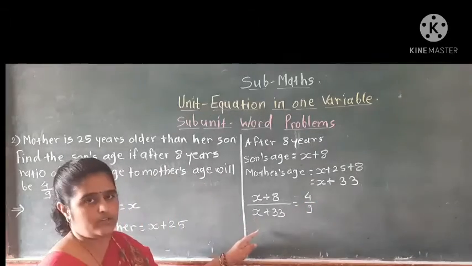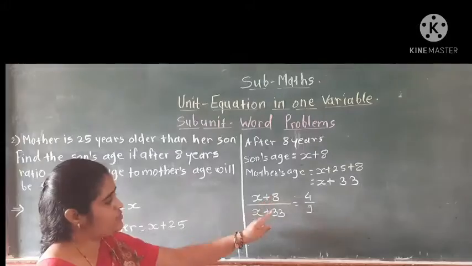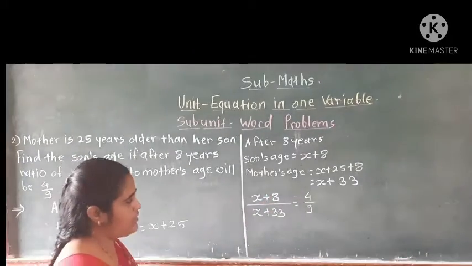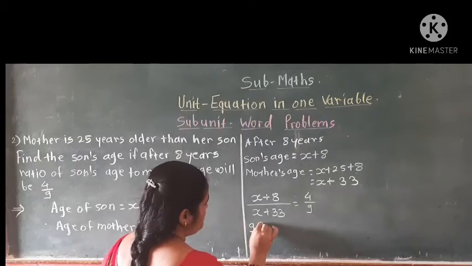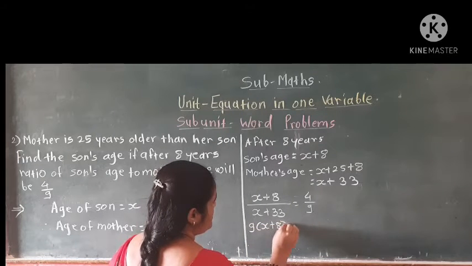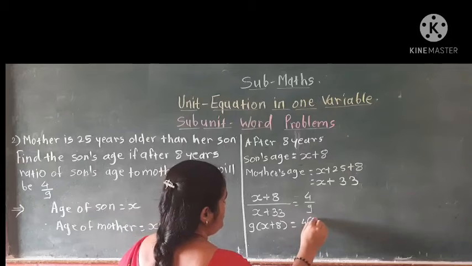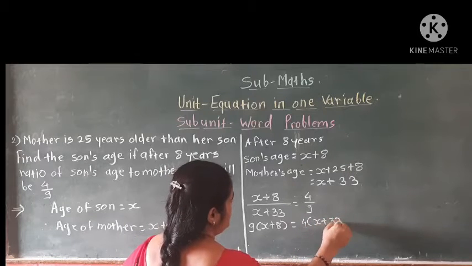This is our equation. We have to solve this equation. First we have to take a cross multiplication. 9 into x plus 8 is equal to 4 into x plus 33.